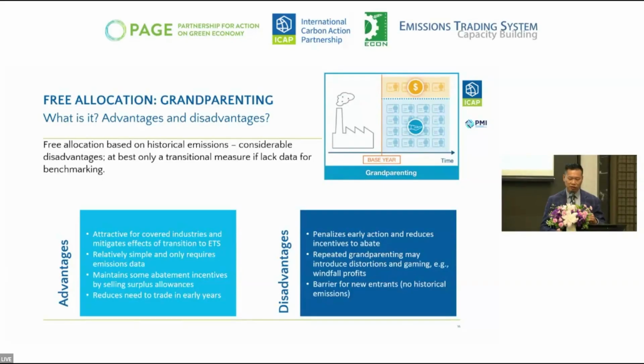it doesn't reward early action, because everyone is compared to themselves. If you already did a lot of reduction previously, then it's very difficult for you to reduce the same percentage now. Like I said, those who already have very good maintenance management and invested a lot in renewable energy and efficiency projects, they will have a more expensive way to reduce the same percentage.